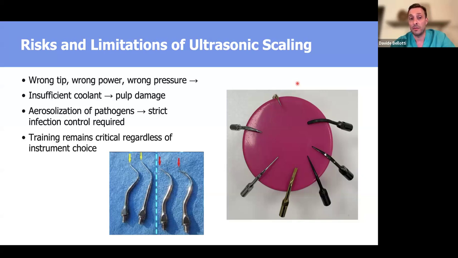And as with scaling, we suggest using a chlorhexidine lavage before the surgery. It's very important, and that's the main topic, to do it and to train. That's how we learn how to do it in a proper way.